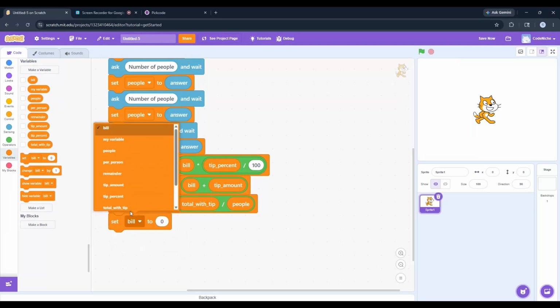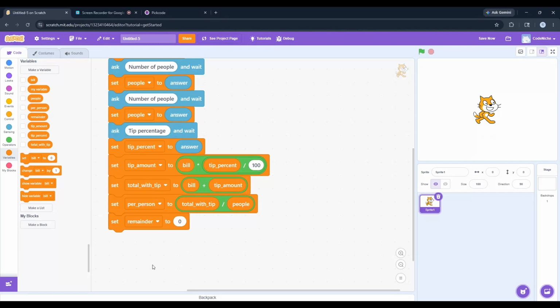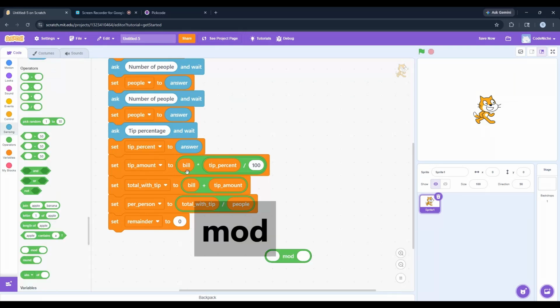We will basically do the modulo operation, right? If the bill gets split evenly, we will get the answer 0. But if it does not, that means someone will have to pay something extra. If you remember, we talked about the mod operator, which is a kind of division, but it gives you the answer in the form of a remainder.